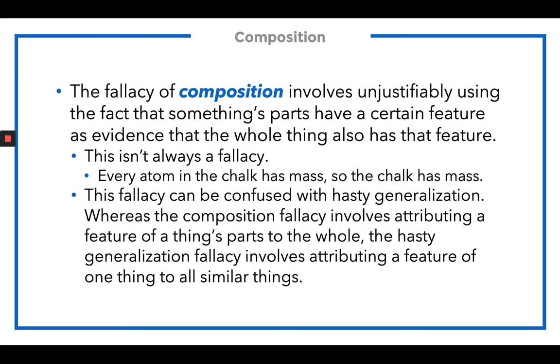So a hasty generalization would be something like, this piece of chalk is white, and this other piece of chalk is white, therefore all pieces of chalk are white. That's a different thing, right? It's using some instances of pieces of chalk to draw some conclusion about all pieces of chalk. Composition involves taking a part of a piece of chalk, right, and then attributing that to the whole chalk.